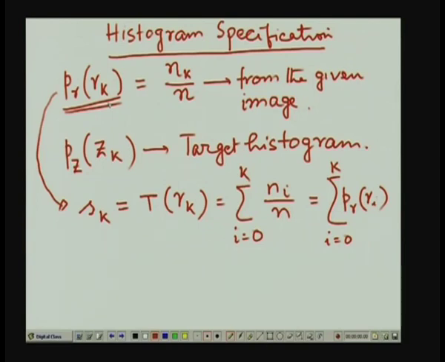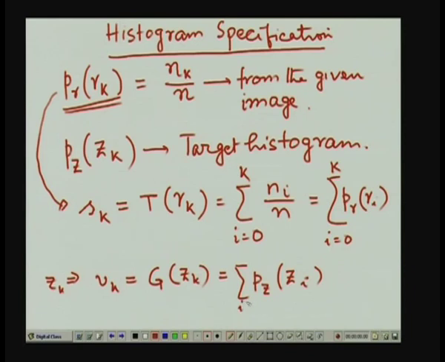To obtain this histogram specification, you define a variable, say Zk, such that you will have the transformation function Vk equal to G(Zk), and we can compute this from the specified histogram, given in the form PZ(Zi), where i varies from 0 to k, and we define this to be equal to Sk.